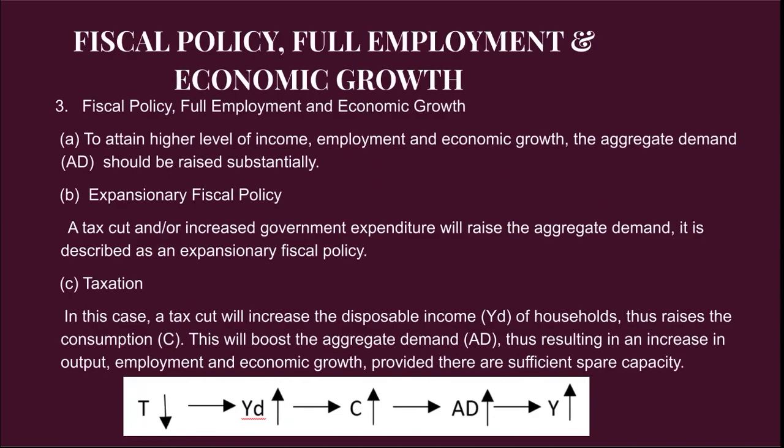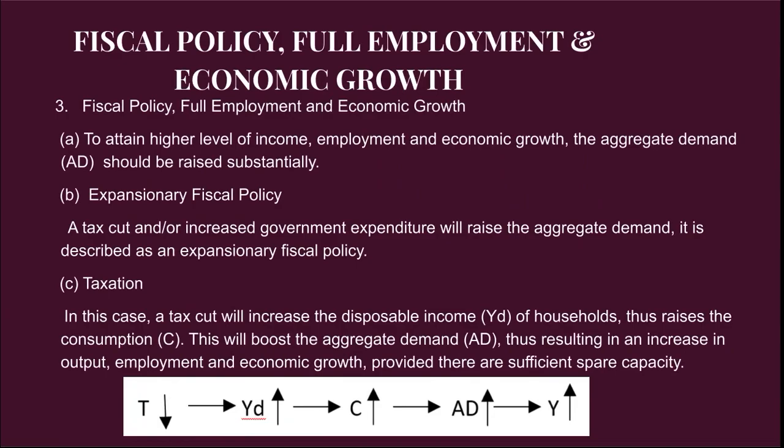Because disposable income means income after tax. A tax cut will increase the disposable income, therefore people will have more money to spend, because they only need to pay a little bit of tax.